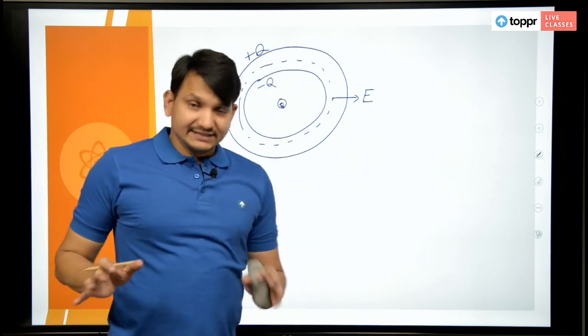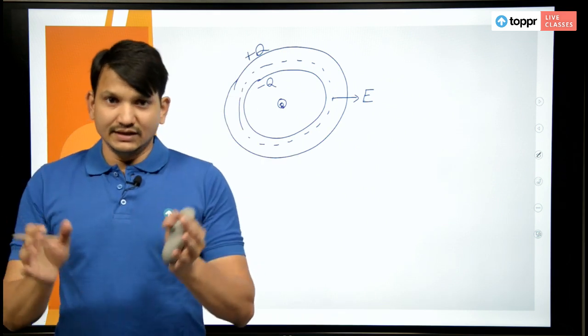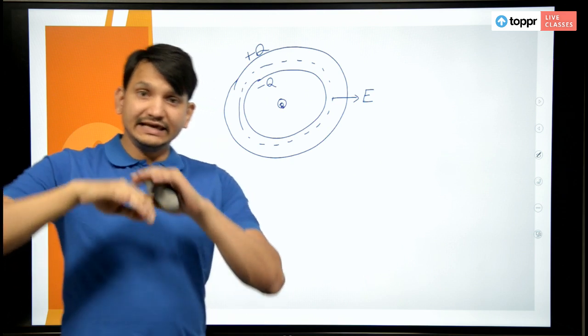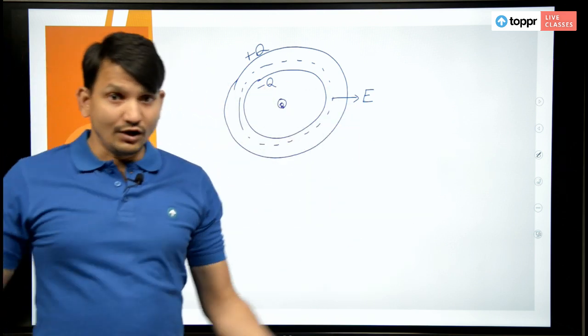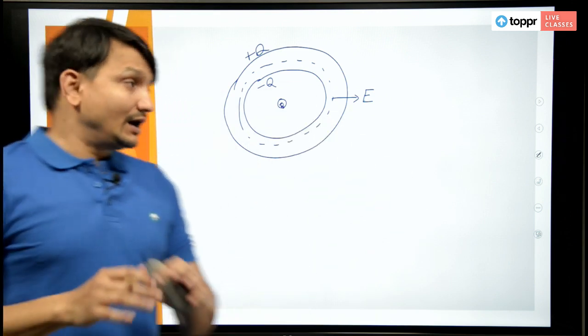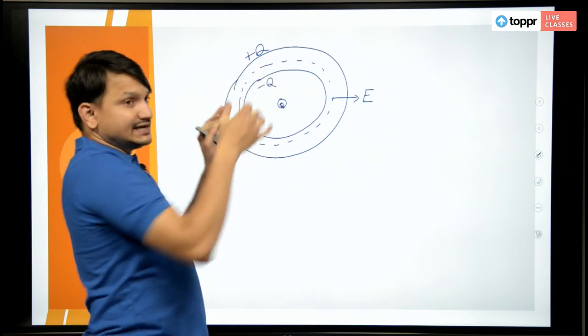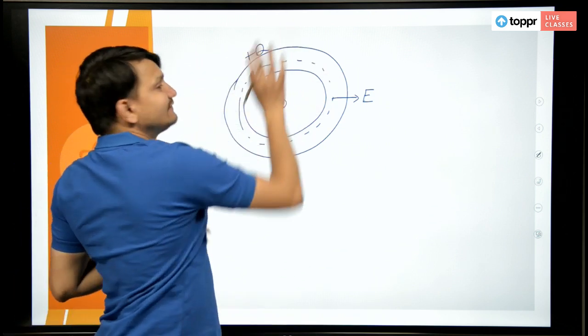So, in that sense, whatever metallic structure you arrange, the inner charge finally gets induced on the outside of the metallic body, however you arrange it. If you have kept this part neutral, this charge is reflected here.